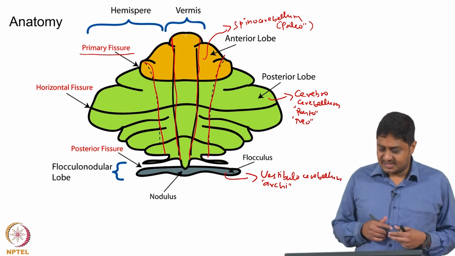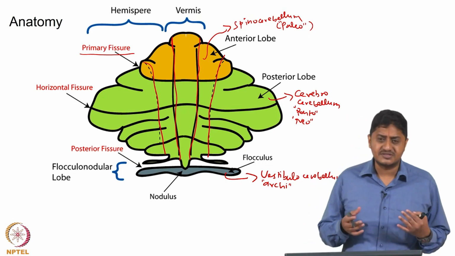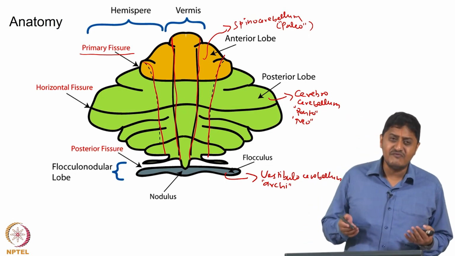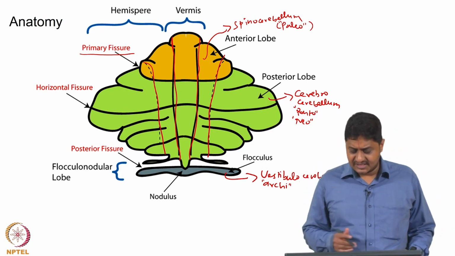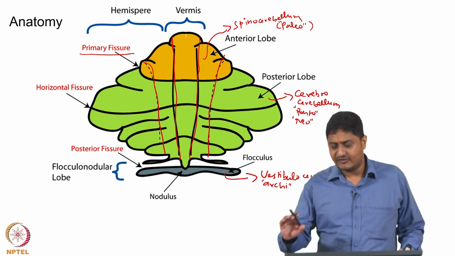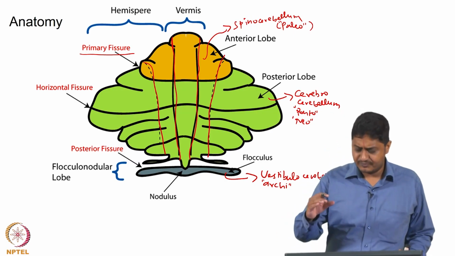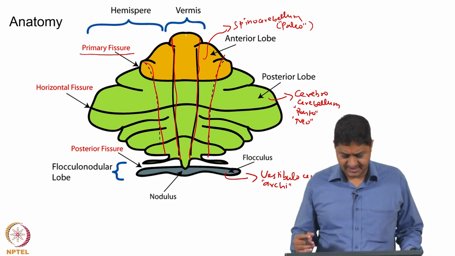Their functions are different, the areas to which they project are different, and the areas from which they receive inputs are different. So, we have discussed these separately: the vestibulocerebellum for a couple of classes, the spinocerebellum for 1 or 2 classes, and the cerebrocerebellum for 1 or 2 classes.